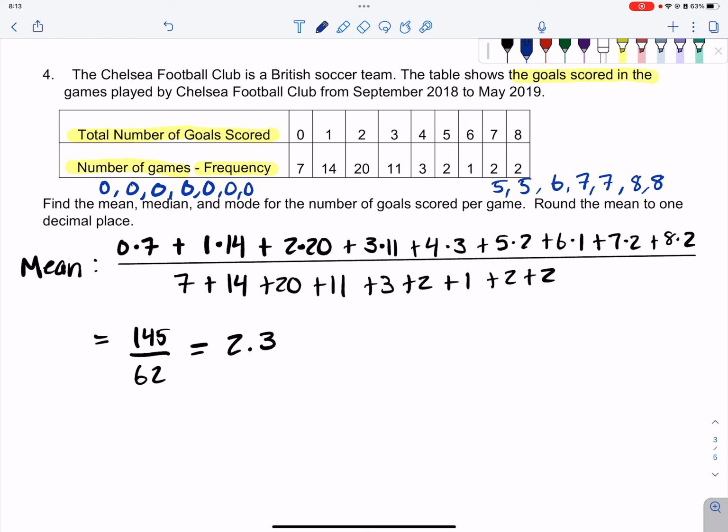So if I imagine I'm crossing off those 7 zeros on the lower end of my data, I need to then cross off 7 values on the upper end, which means we need to get rid of the 2 8s, the 2 7s, the 1 6, and the 2 5s. Those all need to be crossed off as well, so that I cross off the same amount on both sides.